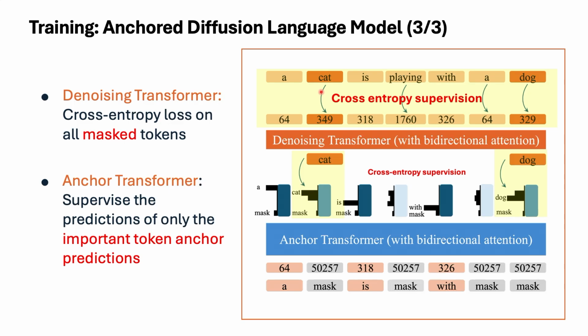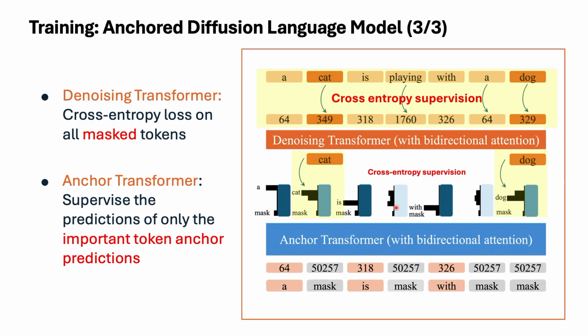But the addition is the anchor. We supervise the prediction of only the important tokens. In training, remember, the pre-processing says cat and dog are important. So you train anchors on those anchor positions to force them to put high probabilities on cat and dog at those positions. For the rest, there is no training cross loss at all.